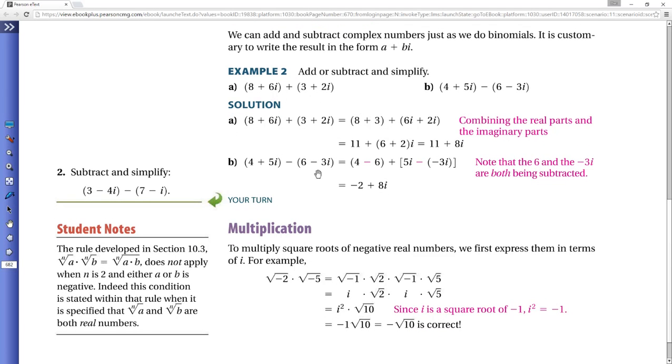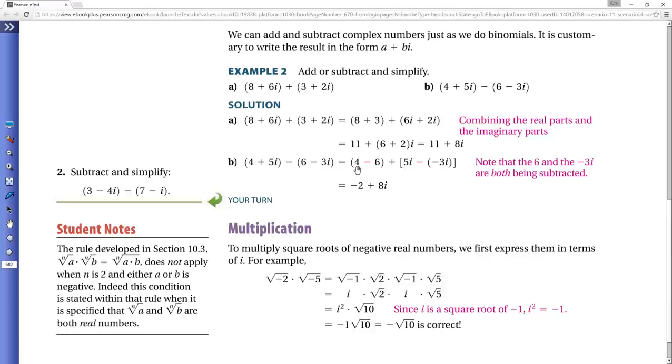Remember, when you subtract, we need to add the opposite of the entire thing, and usually what I would do is change all the signs first. I would change this to be 4 plus 5i plus negative 6 plus 3i, and then I can change the order of things if it's all addition, which always kind of throws me in the book.